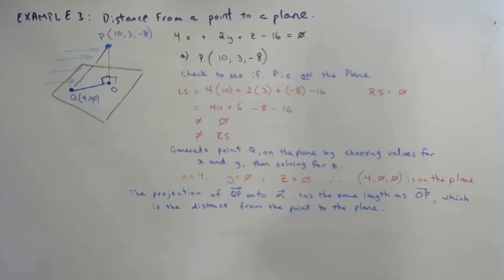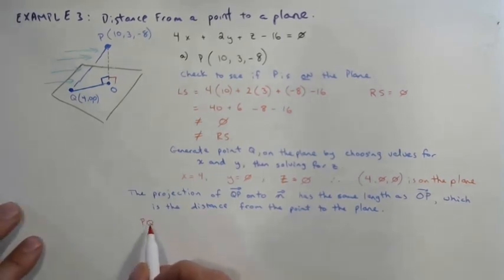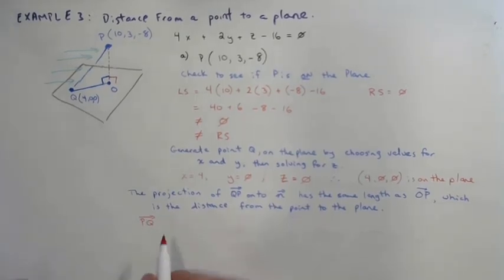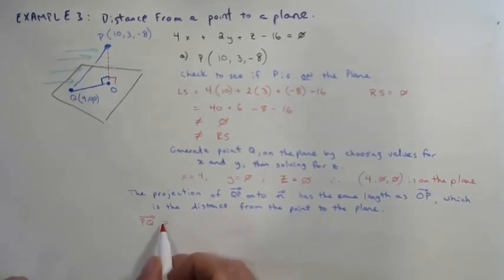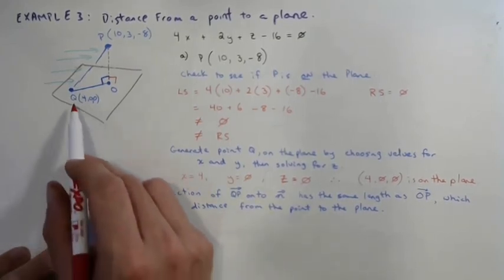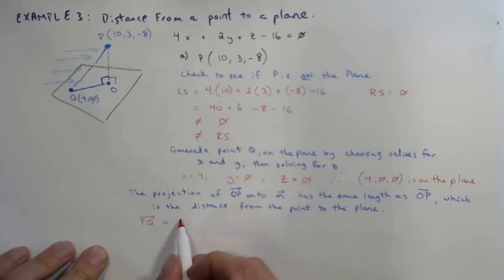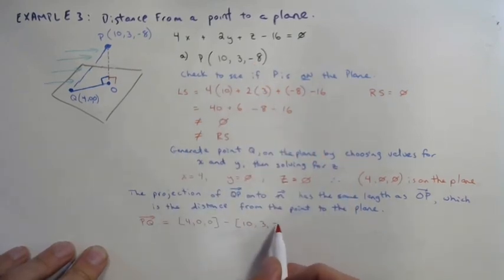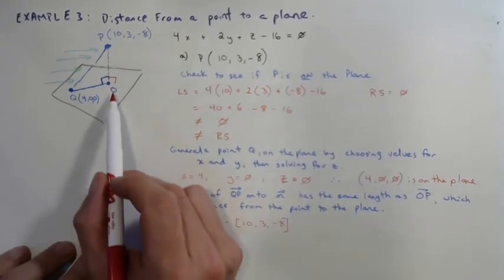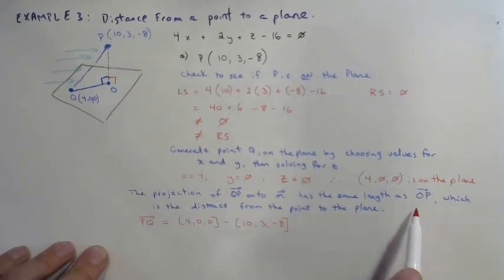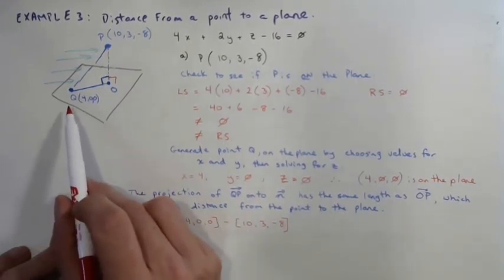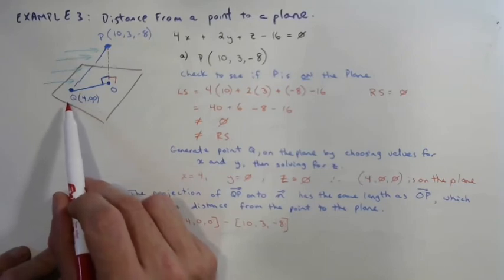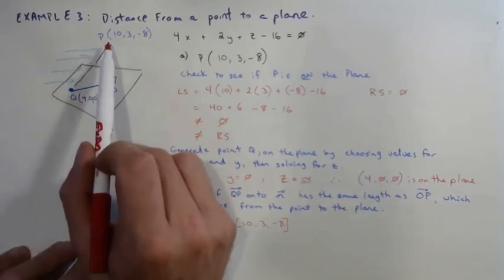All right, so let's figure this out. PQ is equal to the position vector for Q, which is 4, 0, 0, minus the position vector for P, which is 10, 3, negative 8. And I'm realizing I should not have named this point O. I should have left O to represent the origin, in which case OQ would be 4, 0, 0, and OP would be 10, 3, negative 8.